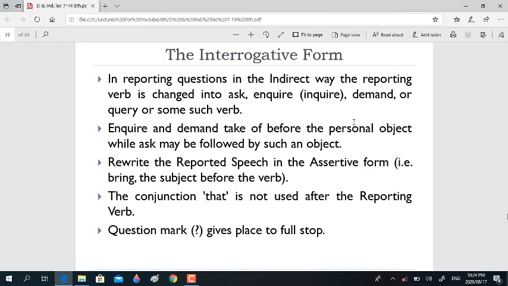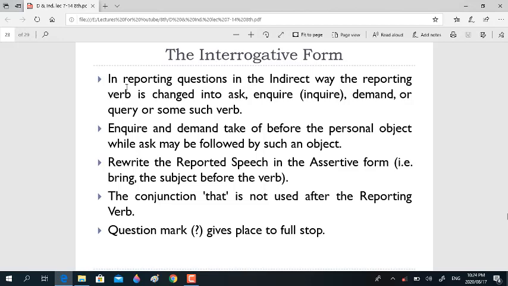Anyhow, look at this. In reporting questions in the indirect way, the reporting verb is changed into ask, inquire, demand, query, or some such verb.